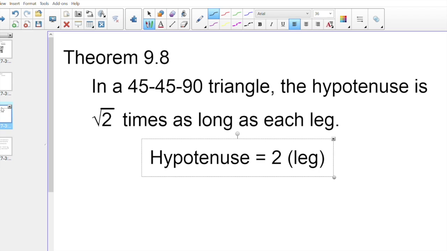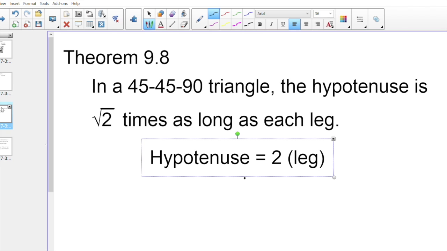In a 45, 45, 90-degree triangle, the hypotenuse is the square root of 2 times as long as each leg. So the hypotenuse is equal to the square root of 2 times the length of the leg.